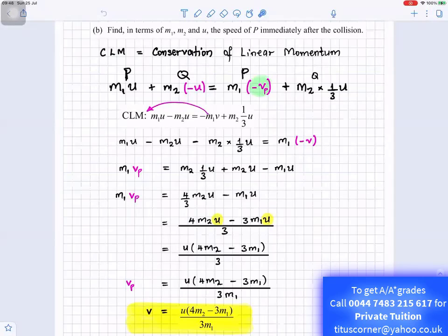Part B: find, in terms of m1, m2 and u, the speed of P immediately after the collision.